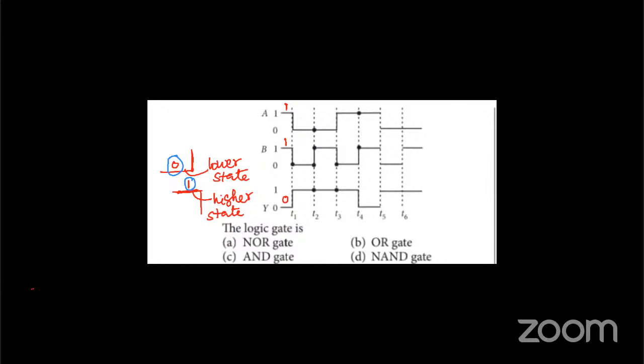Then for the second waveform, what combinations will come? You can work it out. Tell me what combinations can be put using the waveforms. Here for the first case we are writing 1 1 0.